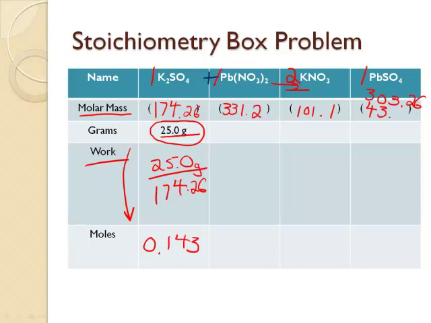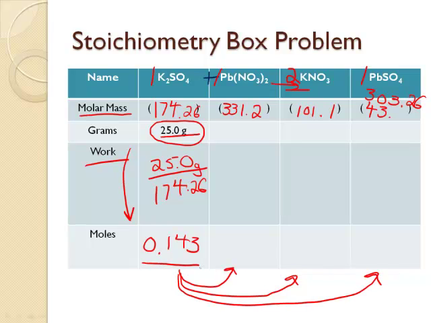1, 1, 1. A trick here is that to get these other mole amounts, I don't have to look at any gram amount. I can just go off the mole amount for the one thing that I do know. Wherever the coefficient, the number in front of the substance, is the same, my mole amount is going to be the same.